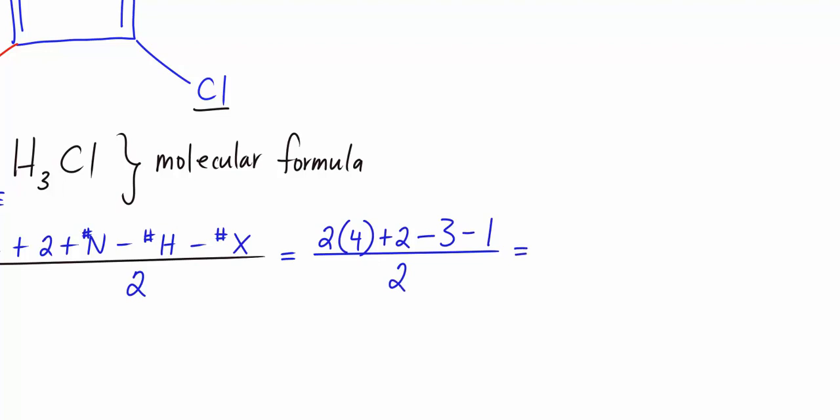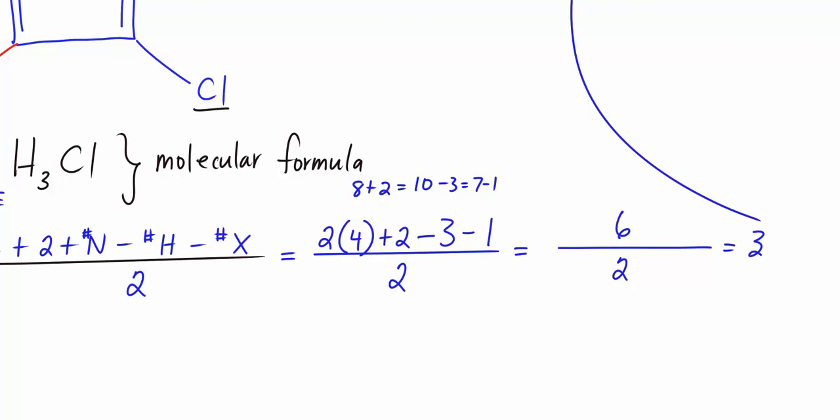Now we simplify. 8 plus 2 is 10, minus 3 is 7, minus 1 gives us 6. Divided by 2, 6 divided by 2 gives us 3. So that's exactly what we found here. We have 3 degrees of unsaturation.